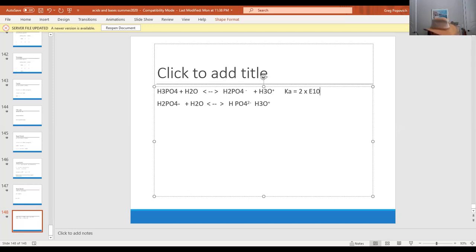Appendix B gives you thermodynamic quantities that we're going to need next chapter, and C gives you equilibrium constants. Now I'm looking for phosphoric.